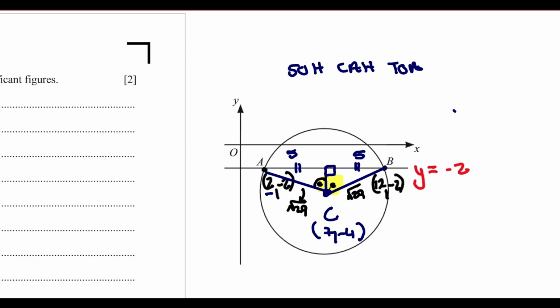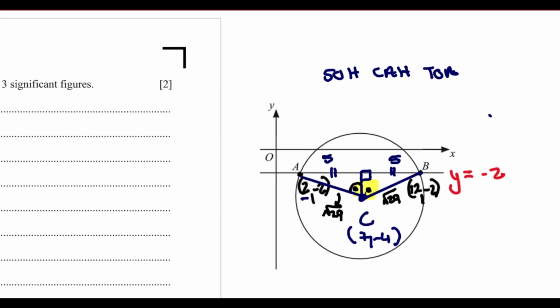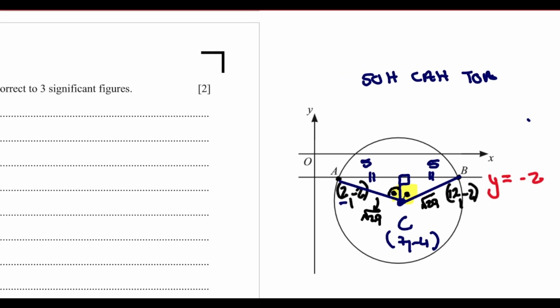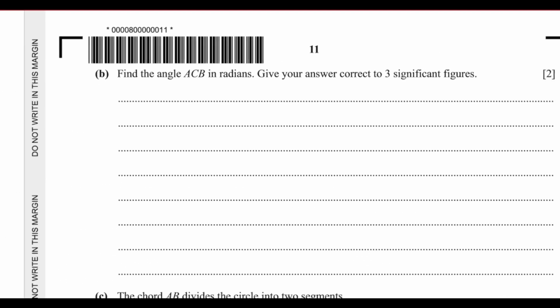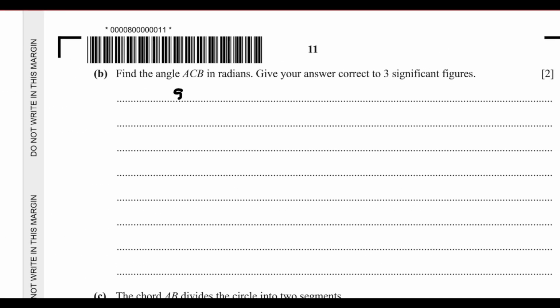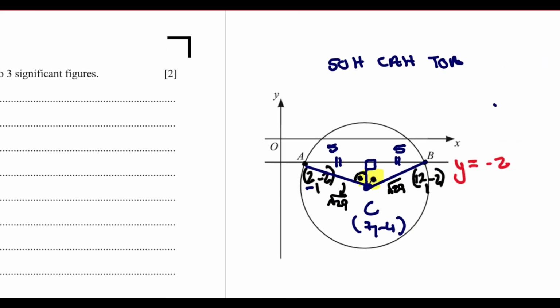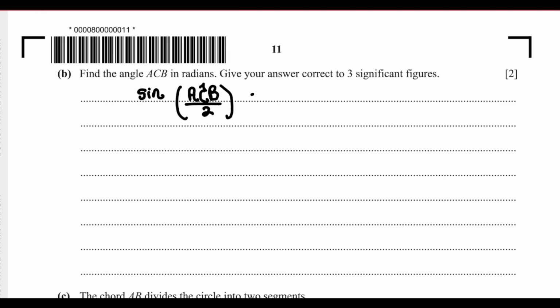You have the opposite side and the hypotenuse available. What deals with opposite and hypotenuse? That is the sine ratio. So sine of angle ACB divided by 2, because I'm only getting half of it using this ratio. The opposite is 5 and the hypotenuse is the square root of 29.